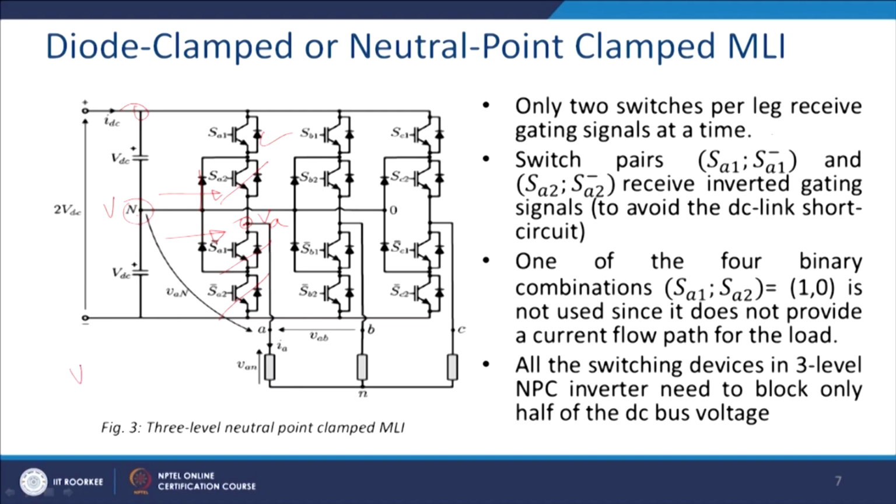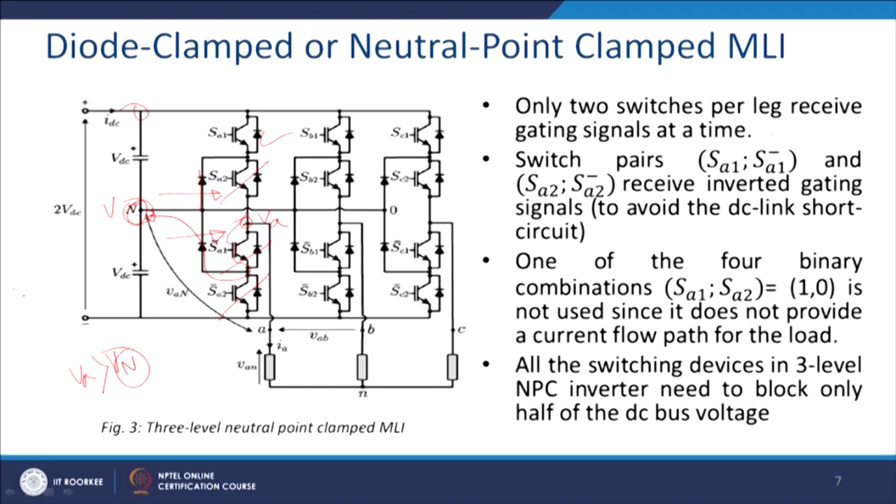If VA is greater than Vn, then what will happen? Ultimately this is on, and this will go back like this. If the reverse happens, this voltage is more than this voltage, which generally happens in the negative half cycle.